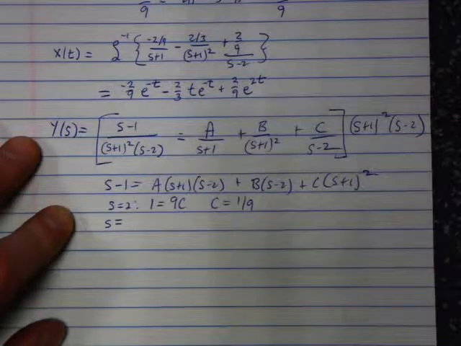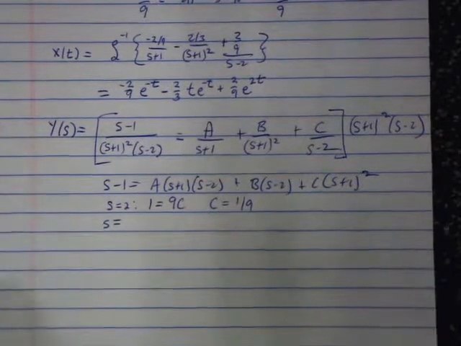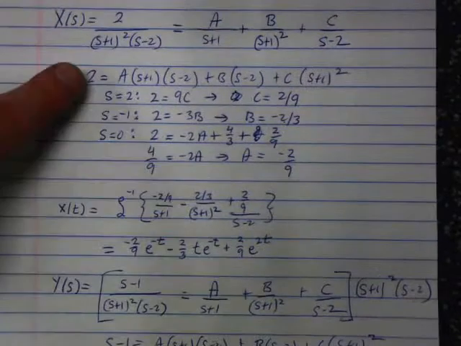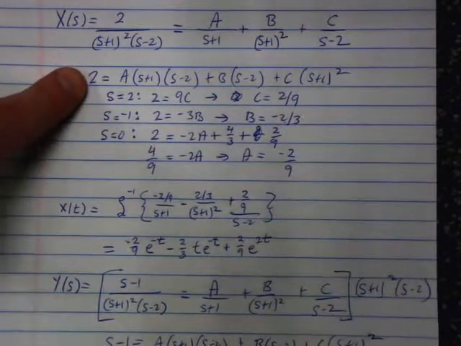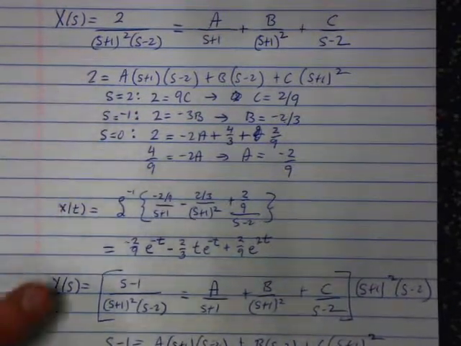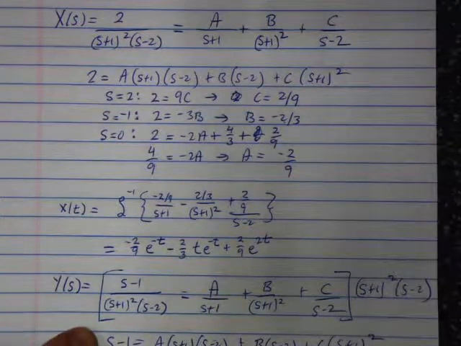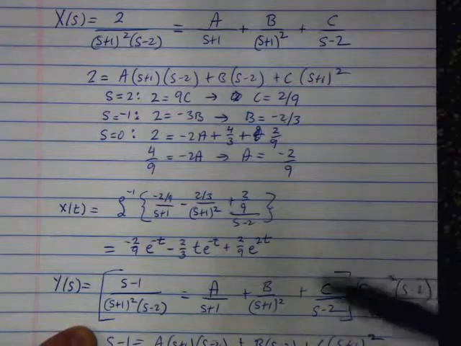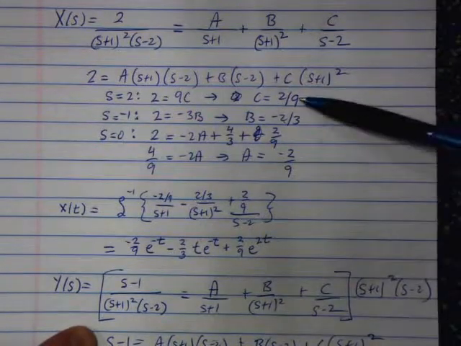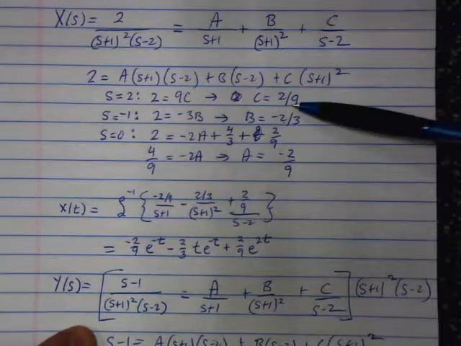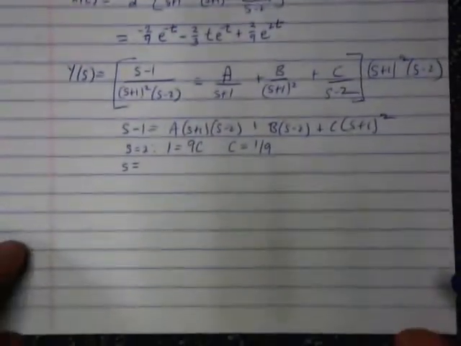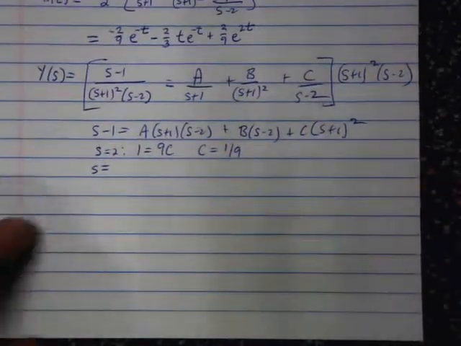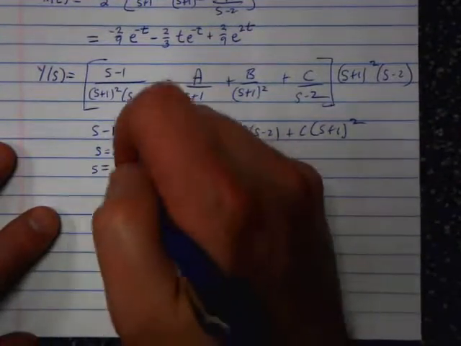Not quite the same thing. Because back up here we had just the number 2 on the left-hand side. Over here we have s minus 1. So what's going to happen is we're going to get the same denominators, but we're going to end up with different numerators. Here we had 1/9. Back up there we had 2/9. Plugging in s equals 2.